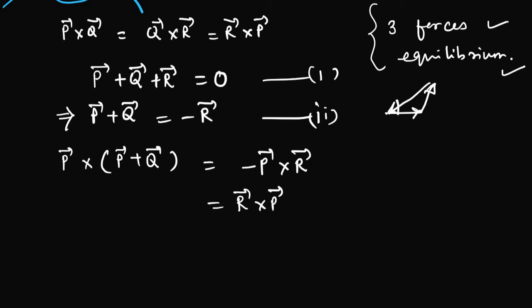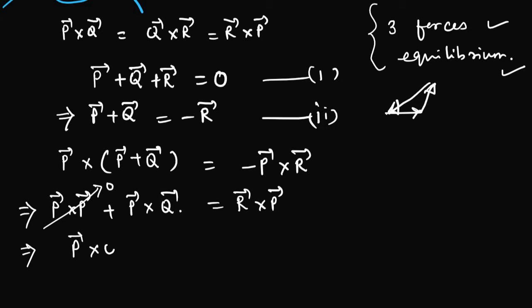Now what would be the LHS? LHS would be obviously P cross P plus P cross Q. Now we know P cross P would eventually be 0. So P cross Q equals R cross P. Did we achieve anything here?